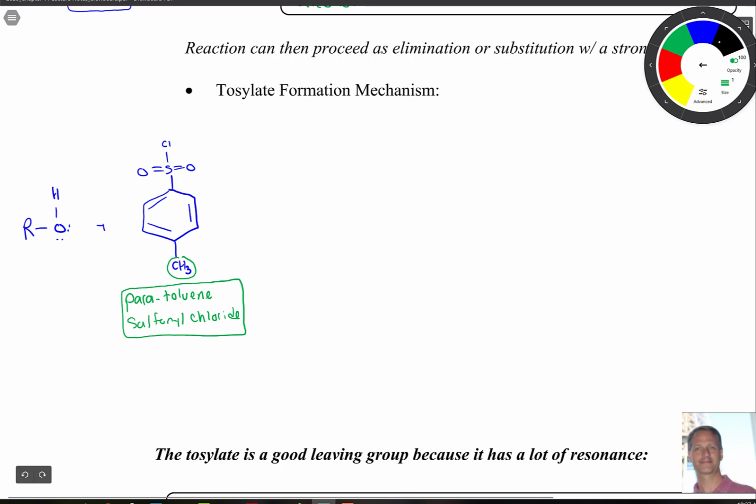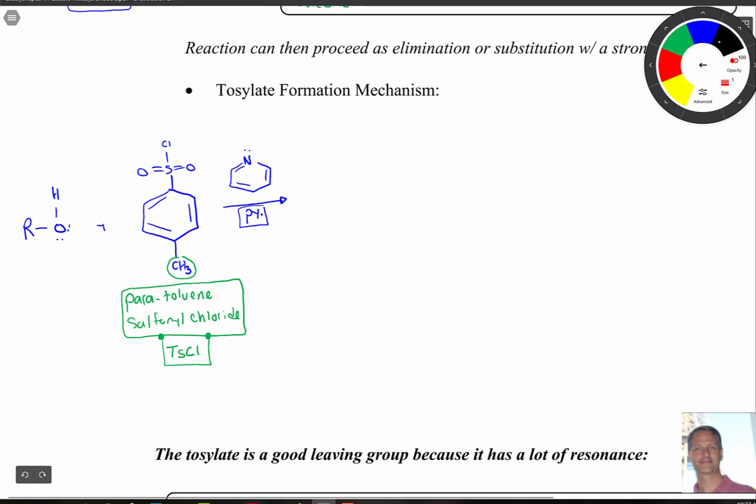You should recognize the name if you see it in writing for questions, but we will basically abbreviate this TsCl once we get into looking at specific reactions. For the mechanism, we need to know what the structure looks like. Okay, now that is going to be reacting, and then we want to use pyridine. So pyridine is our solvent here, and sometimes you'll see this just written PY or PYR sometimes.